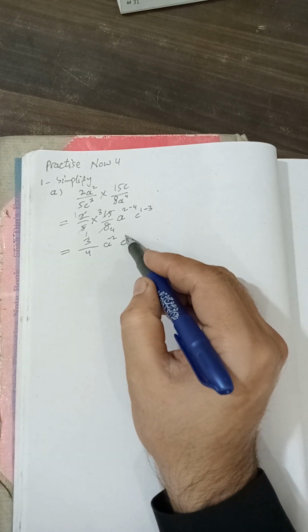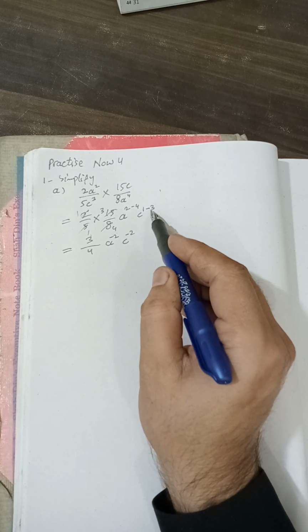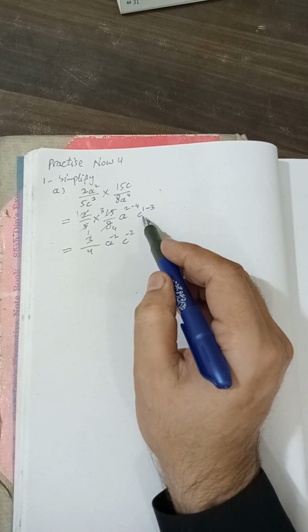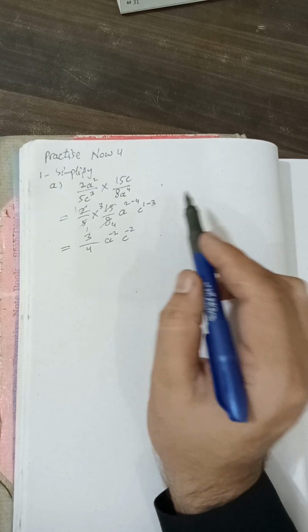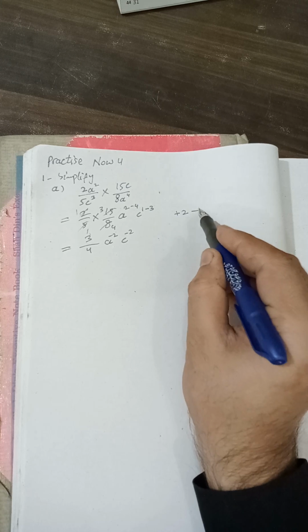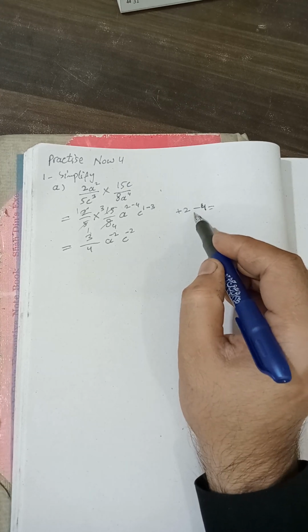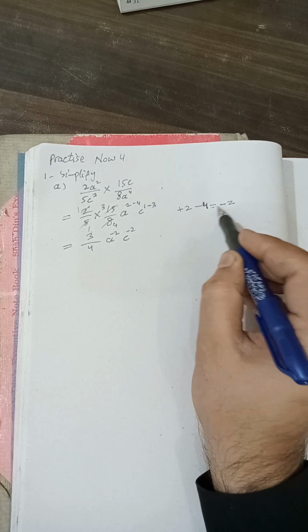Similarly from c you will write here minus 2c, because when you subtract 1 from 3, the answer is minus 2, and I am subtracting because both carry opposite signs. You can see it as plus 2 minus 4, there are opposite signs, signs are different, therefore we will subtract, and minus 2 is the answer.